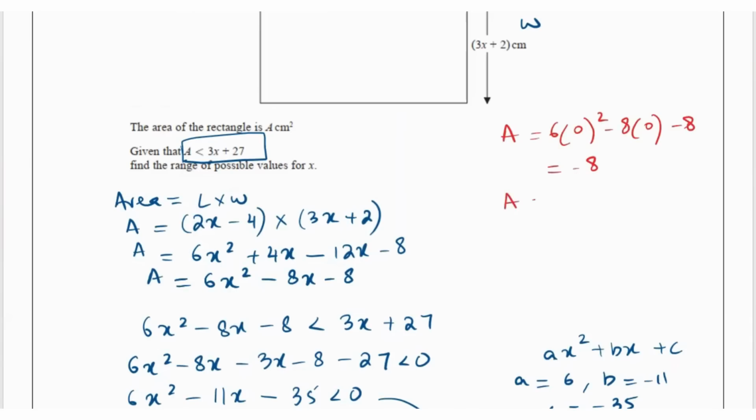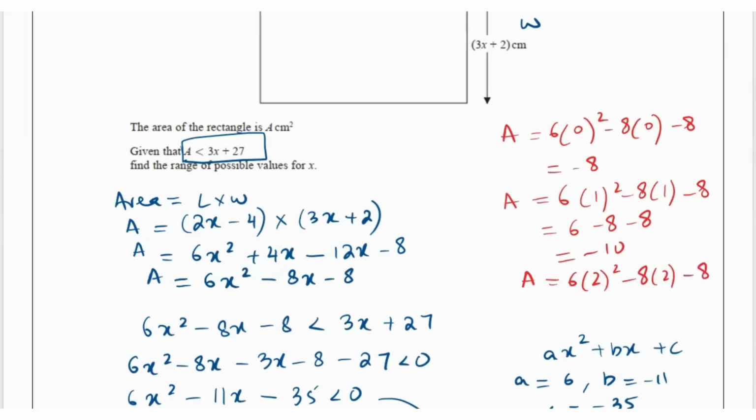If we put x equals 1, that's going to be 6 minus 8 minus 8. That's again negative. That's -10. If we put x equals 2, so 6 times 2 squared minus 8 times 2 minus 8.